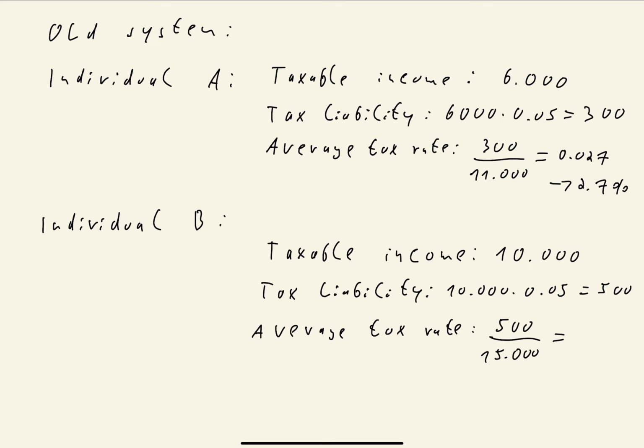And this is roughly 0.03, where the 3 is coming forever. So let's just say it's 0.03. So the average tax rate here is 3.3%. Okay, so those are the average tax rate payments under the old system.